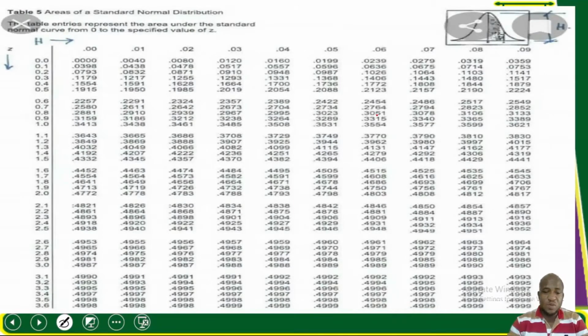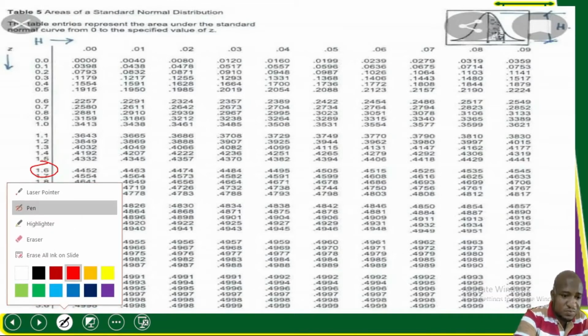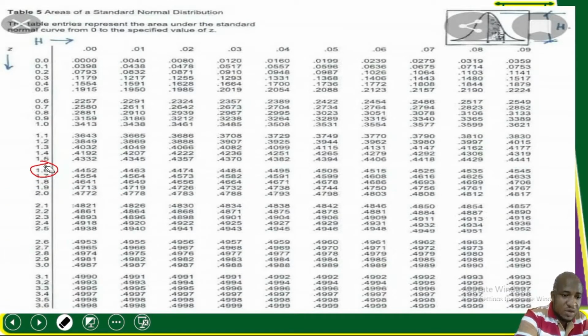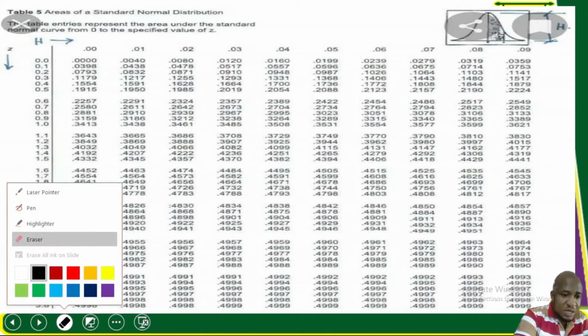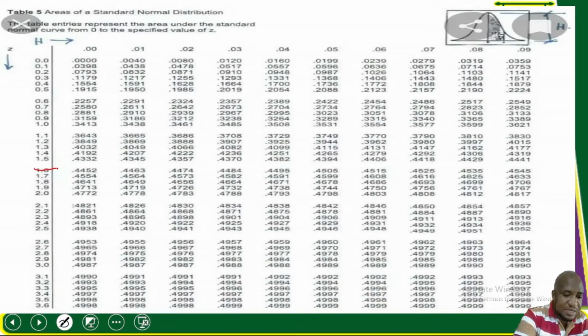This is our table. Remember I said after splitting into 2, from the vertical axis, you will target the 1.6. This is our 1.6 value. Sorry, I've covered the 1.7, so let me take it again. Okay, let's assume I've captured the 1.6.